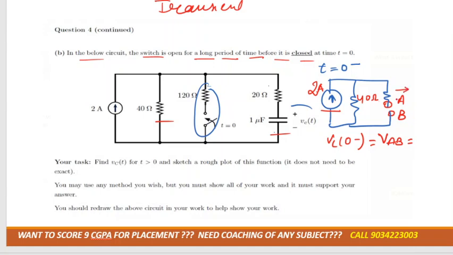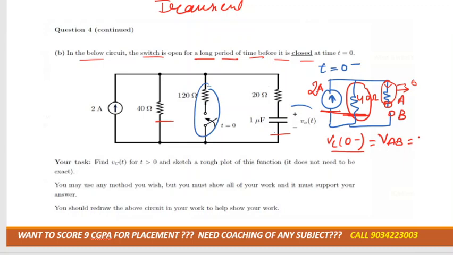This one resistor. Is there any current flowing through this resistor? No. So the voltage across that would be also 0 only, because if there is no current, it's an open circuit, so the voltage would also be 0. Okay, so can you convert this current source into the voltage source, or can you calculate the voltage across 40 ohm? That would be the Vc of 0 minus only.